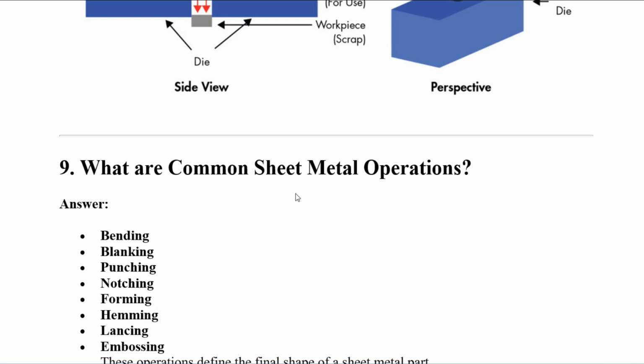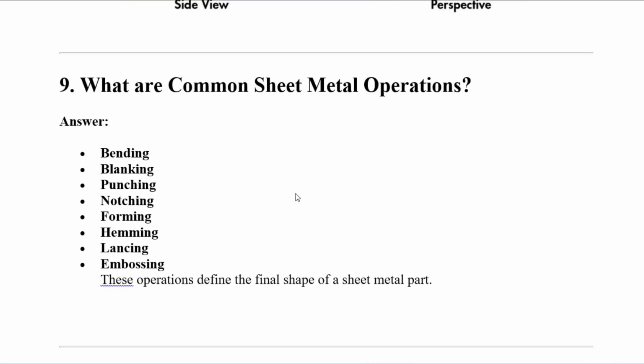So what are the common sheet metal operations? There are a number of operations in sheet metal design, like bending operations, and in bending there are different bending operations. Blanking operations, punching operations, notching operations, cutting operations are there. Forming operations are there, a number of them: hemming, lancing, embossing.